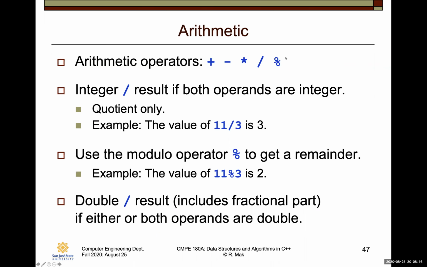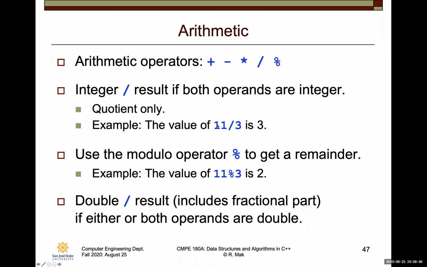So now, division is a little bit tricky because if both operands are integers, then you only get the whole number part of the result. So 11 divided by 3 is going to be 3, not 3.67 or whatever it actually is, okay?